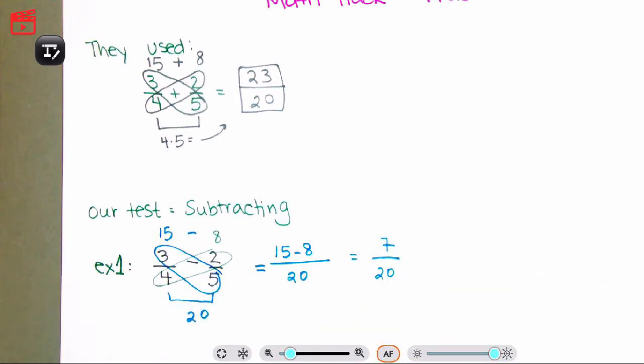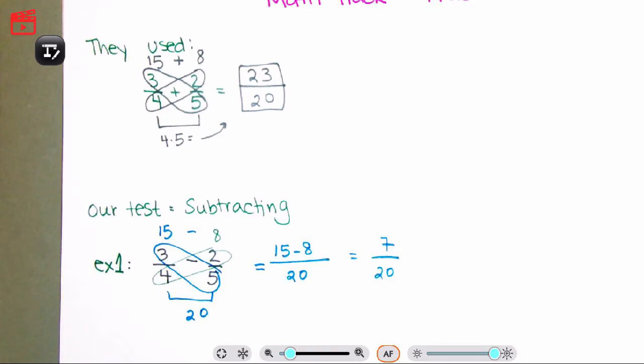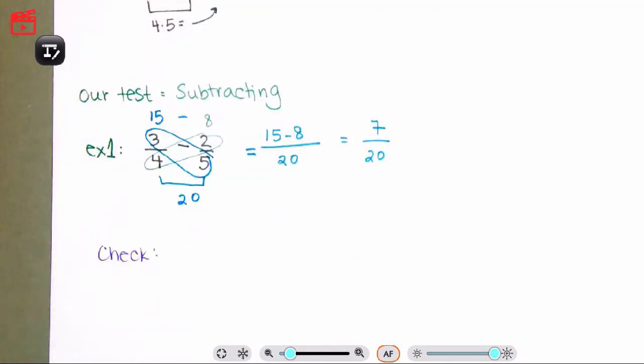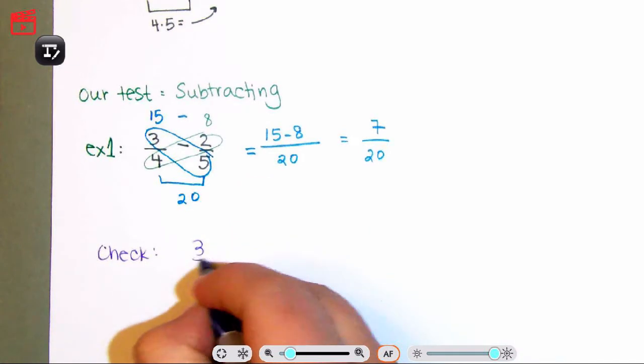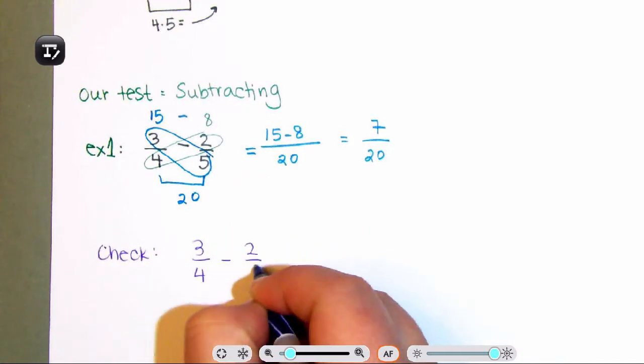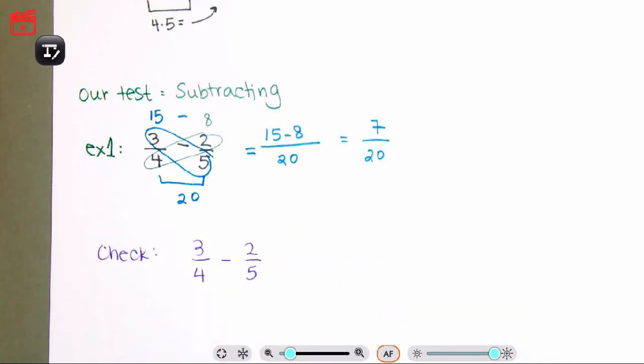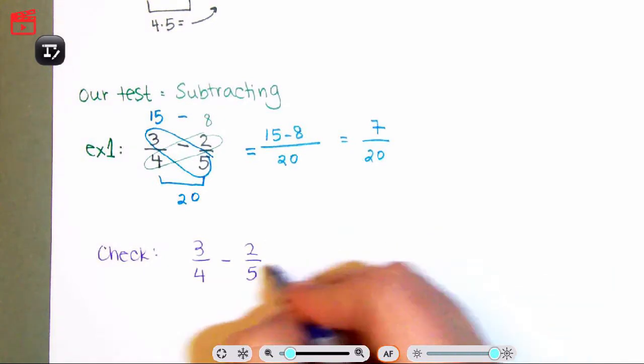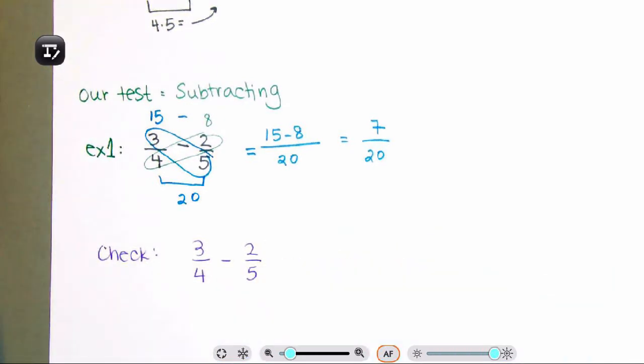We're going to double check using our standard method of common denominators. So I have 3/4 minus 2/5. So I'm going to say the common denominator is 20.